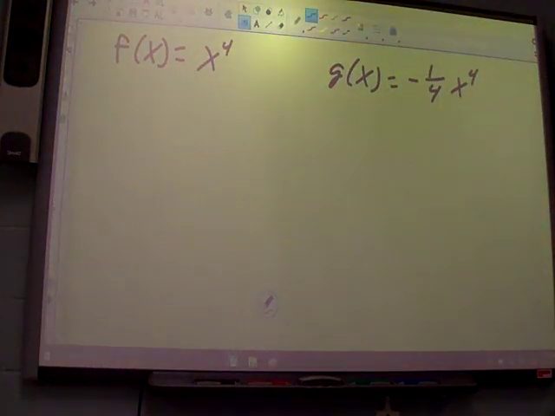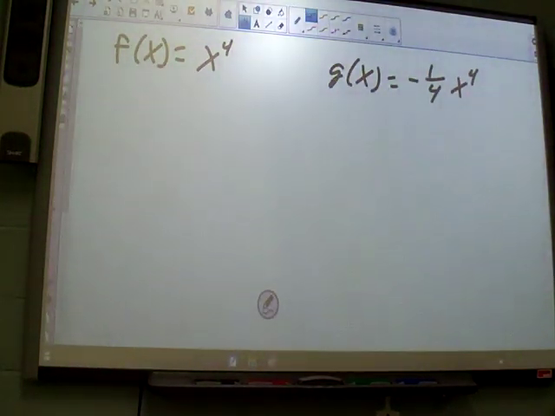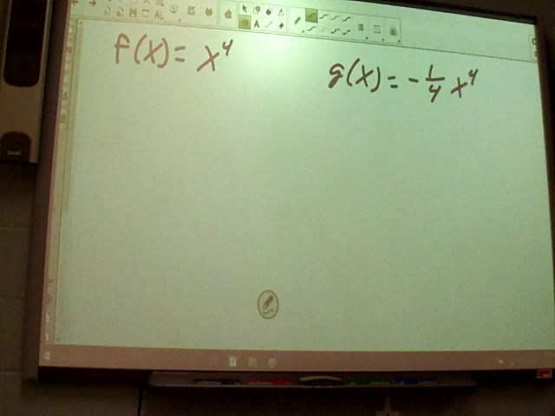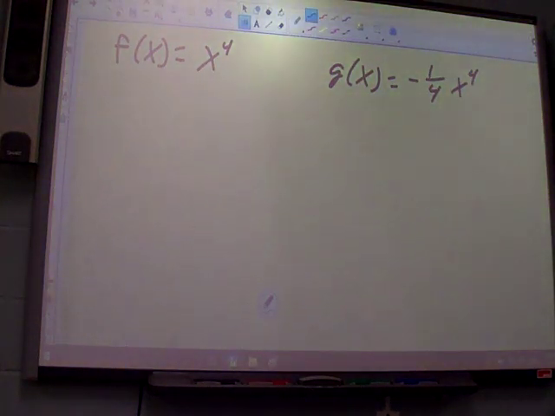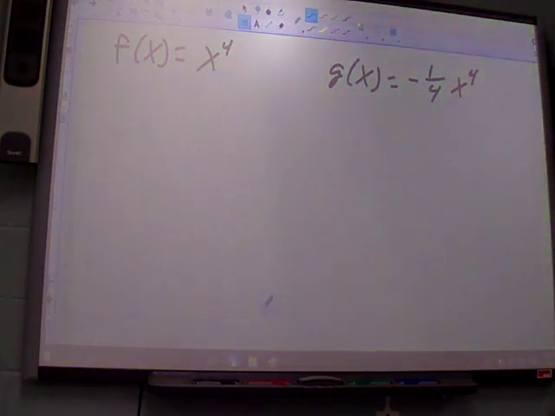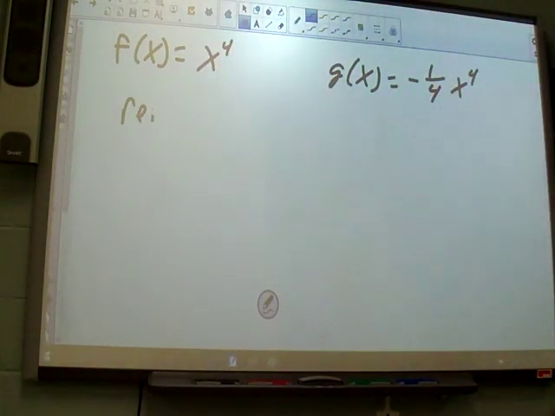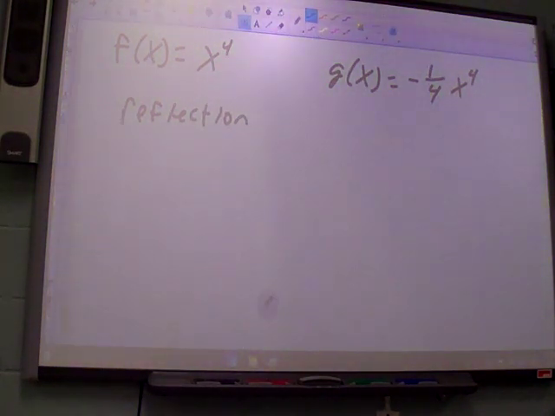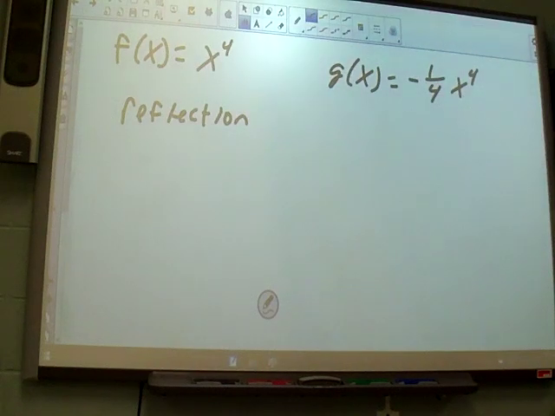What transformation took place from f of x to g of x? First thing we come to is a negative that's different. So let's just work left to right and talk about the negative. Anytime there's a negative, there is a reflection, but it can be over different axes. So which reflection are we dealing with here?